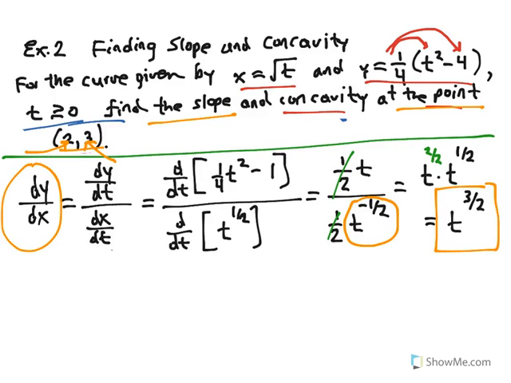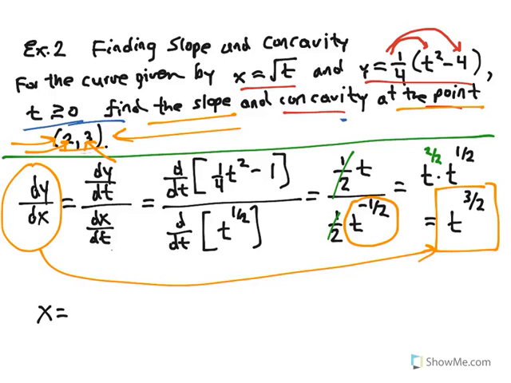So 2 is x, 3 is y, but to find the slope at that point, I need to know the value of t that corresponds to (2, 3), because dy/dx is in terms of t. So I need to figure out, using my parametric equations, what t should be. And in fact, one of them is enough in this case.